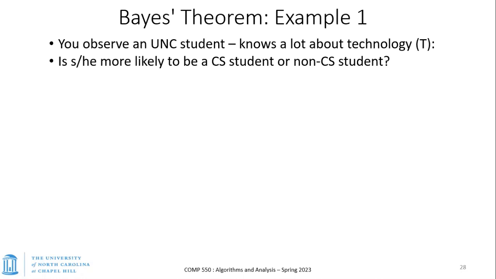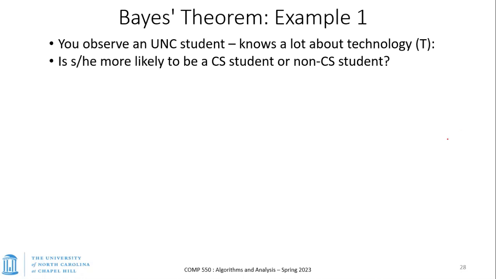But you also know that computer science majors are generally techies. There will probably be very few computer science majors who don't know about technology. Maybe they're a misfit or something. But generally speaking, computer science majors would know a lot about technology. It might be classified as techie, but not all of them. There'll be some exceptions, people who are in there for money.